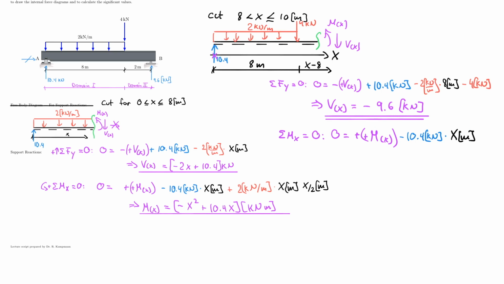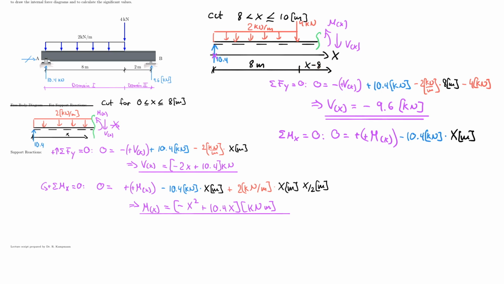And in this case, I'm really using x because I want to start from 0 here. So for this, I use the x. But now for this one here, I would use x minus 10, for example. But first, let's do the 2 kilonewton per meter.